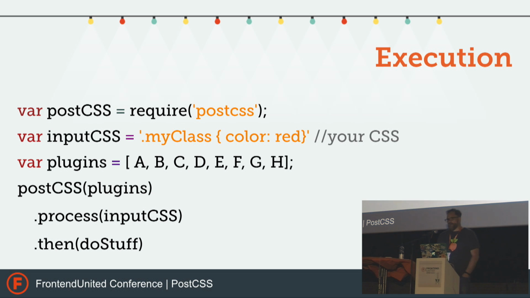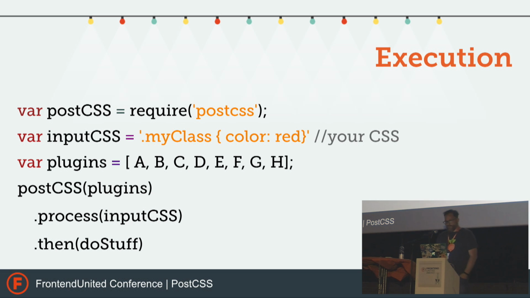It's also important that the stuff you're using is easy to execute. This is just an overview of how you would do this without using something like Gulp, but it's basically the same thing in Gulp. So you require the library, you have your string of CSS that here is represented as a variable, inputCSS.